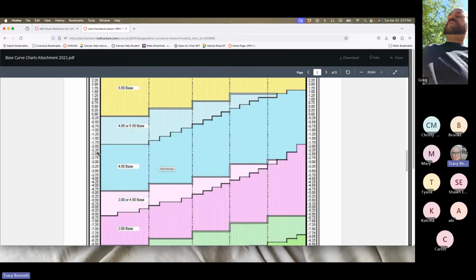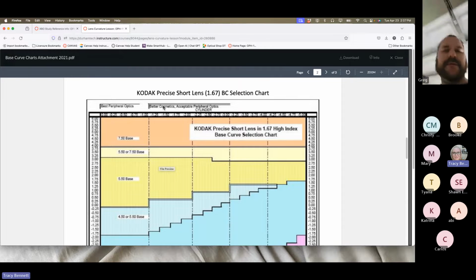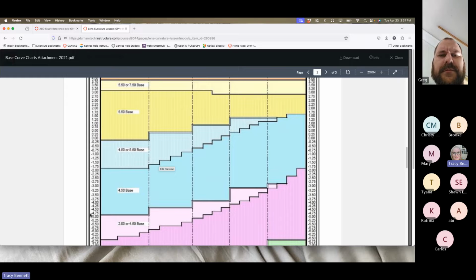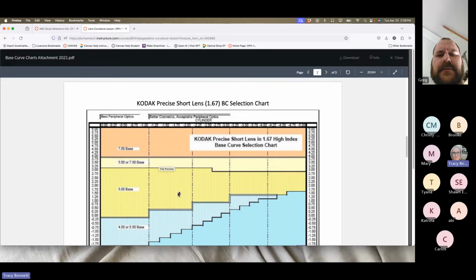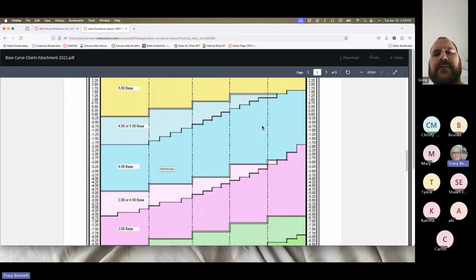I'm not switching back, but let's say we had a -2, -4. We don't care what the axis is. It could be anything, so let's say I've got a -2, -4 with a 90. So -2 is my sphere. I'm going to find my -2 here in the sphere. And then I've got a -4 in the cylinder, so I would go up to -4, and then I just follow and track that down.